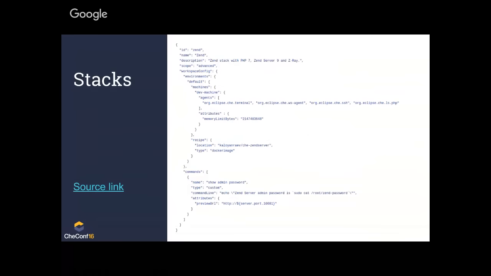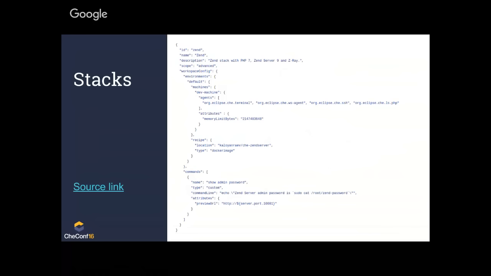New stacks are defined in a JSON file like this. It may look quite complex, but in general, you copy this definition from an existing stack, and then you adjust the properties that you need. Here you need to change the ID, the name, and the description.